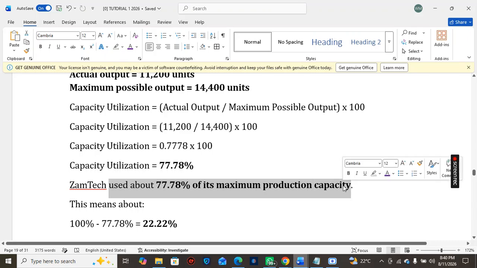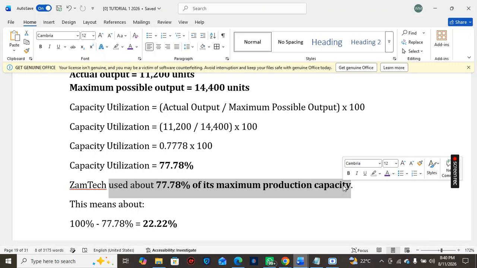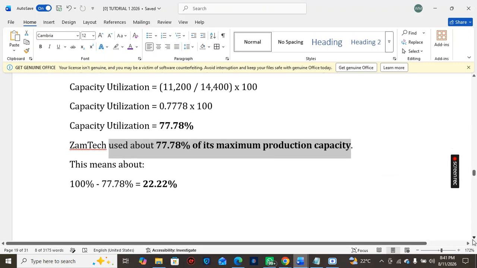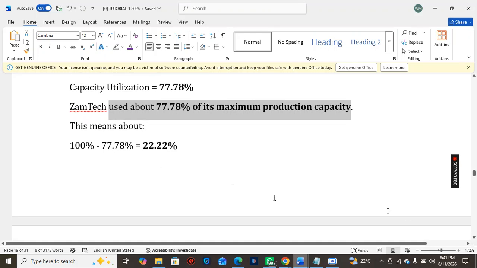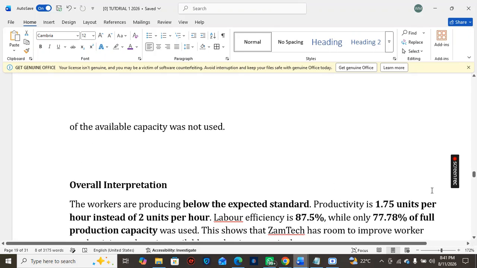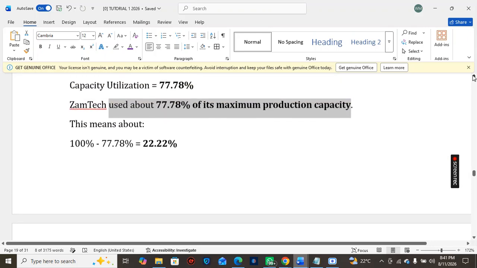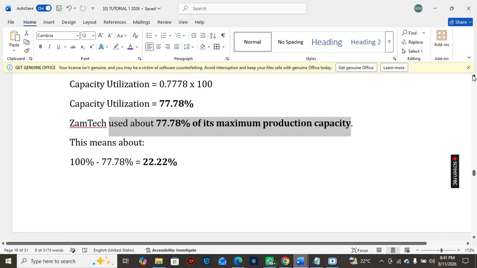They never used 100%. We can round it off to 78%. The remaining 22% of the available capacity was not used. That's why we produced less. Any questions?